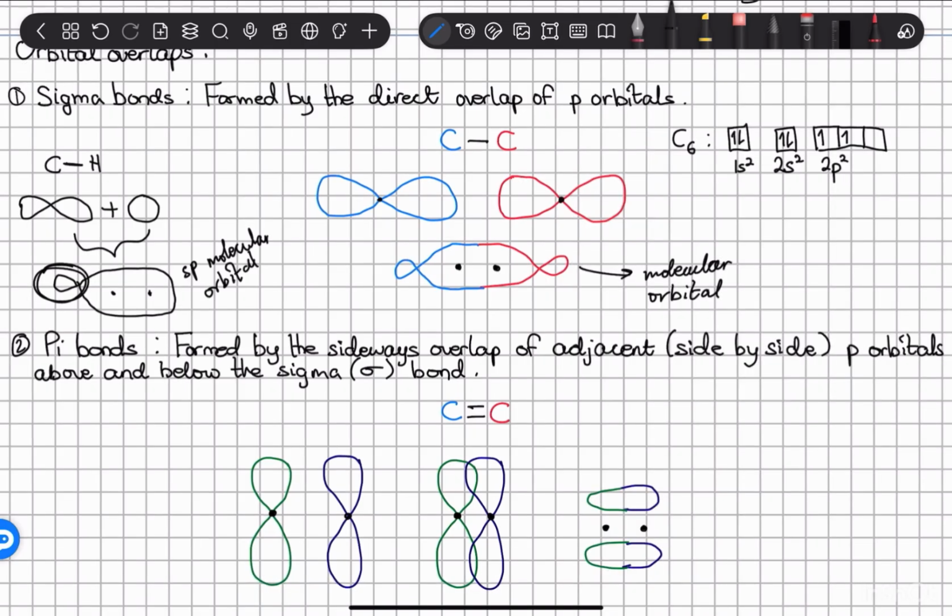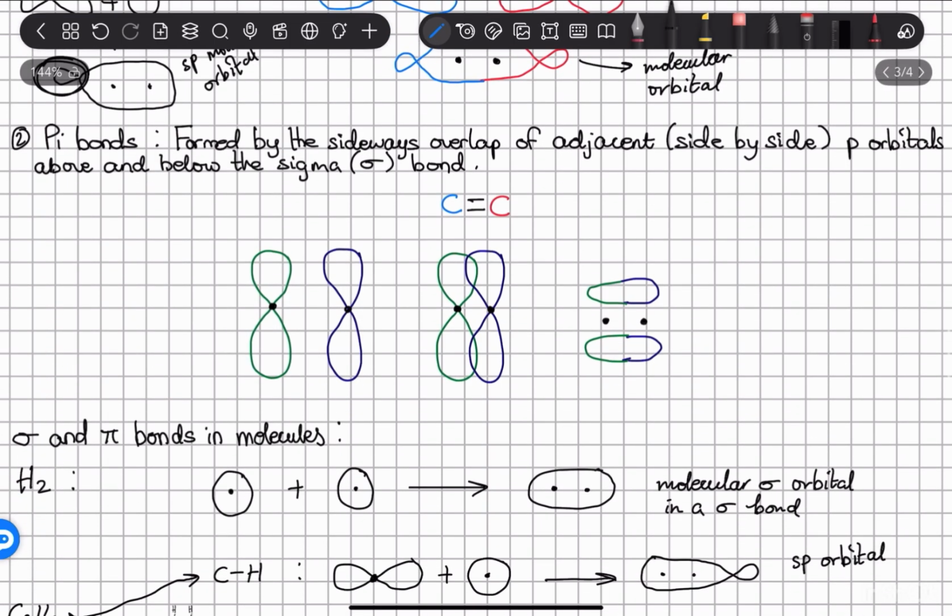It's a single bond. Now, pi bonds build upon sigma bonds. That's actually a wrong thing to say, but the way I want to explain it is that a pi bond can only exist when there's a sigma bond. You cannot have a pi bond without one.